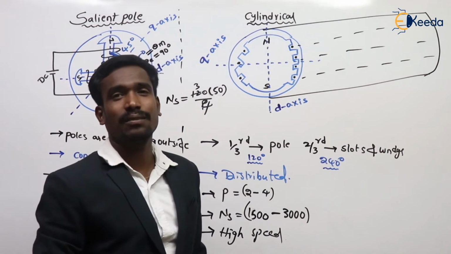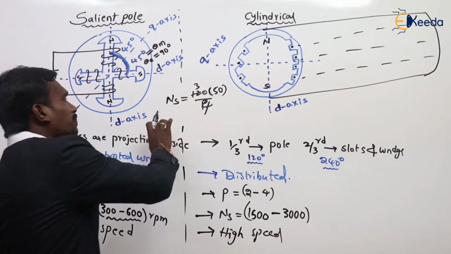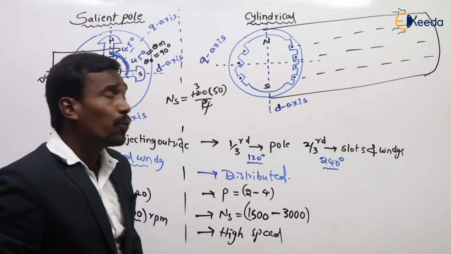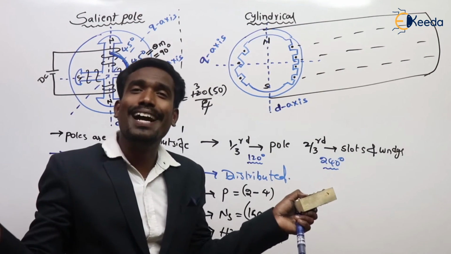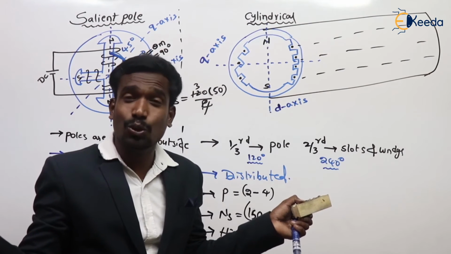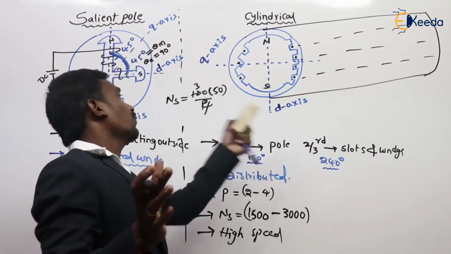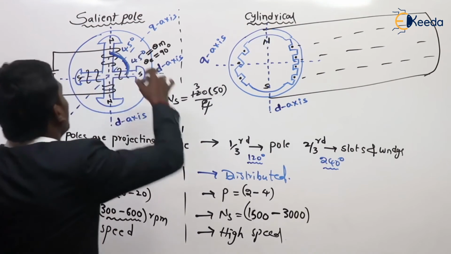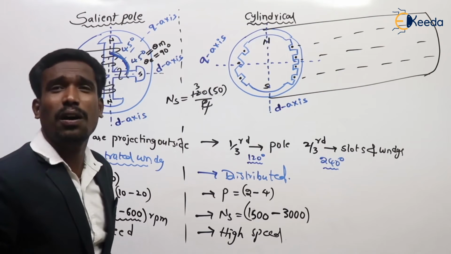This is another thing. Tell me, in between these two, which machine has more diameter? They will ask you a question like that. Is the diameter large or small in a salient pole machine?